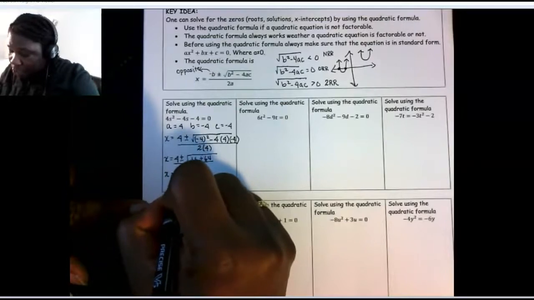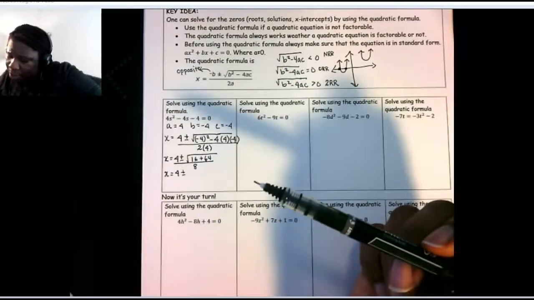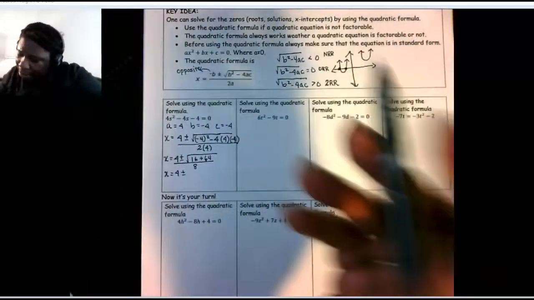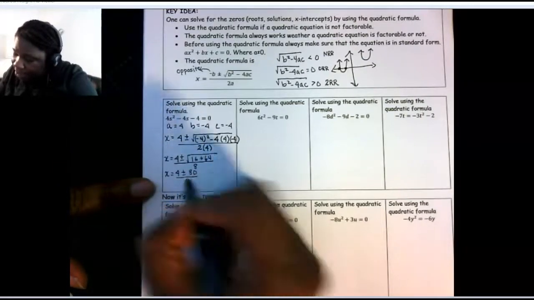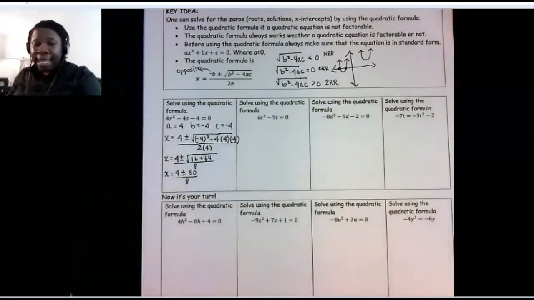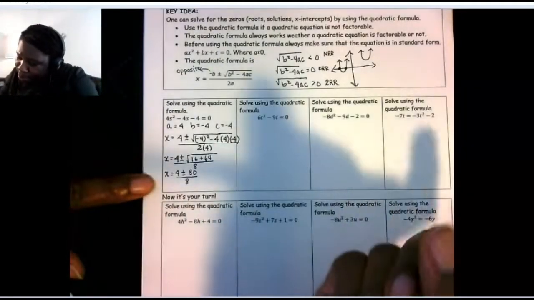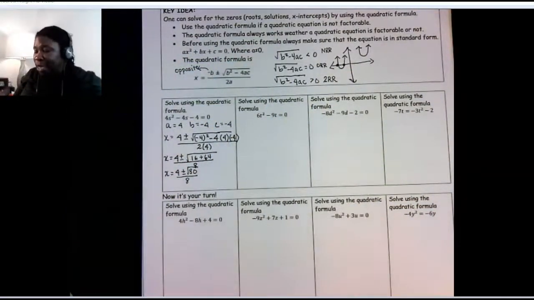X is equal to 4 plus or minus. Well, what is 16 plus 64? That's a very good question. I think it's 80. Yeah, 80 over 8. Now, if we were in Algebra 2, we would go ahead and break this down into what's perfect, what's not perfect.